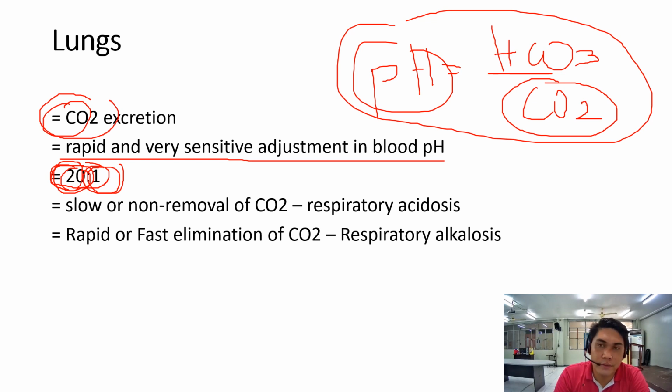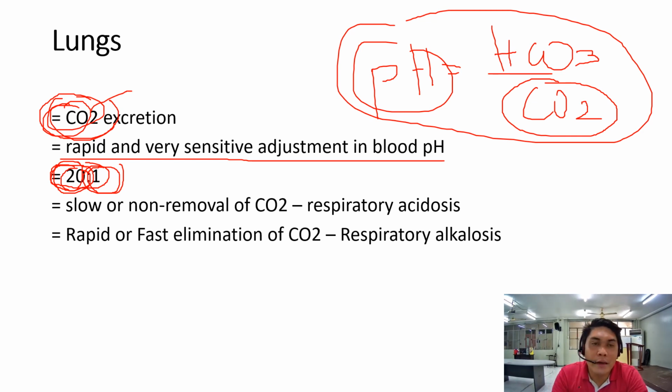When you say H2CO3 or carbonic acid, the main component of that is CO2. So the body, or the lungs, maintain a 20:1 ratio of bicarbonate to carbonic acid via CO2 excretion.